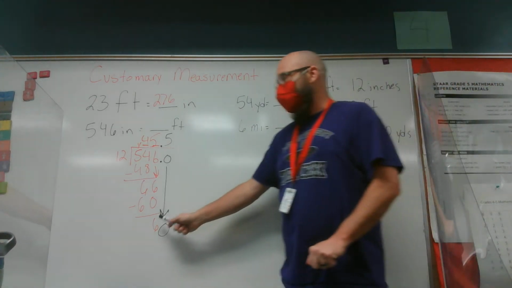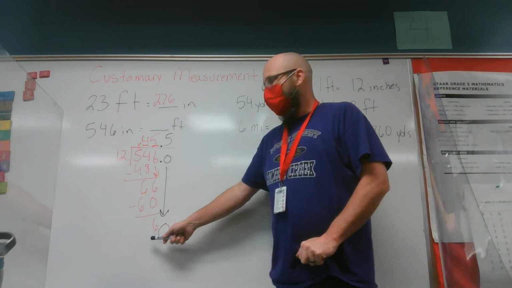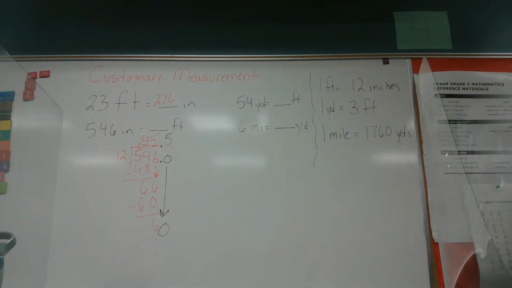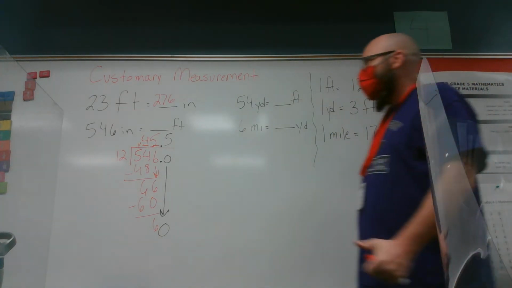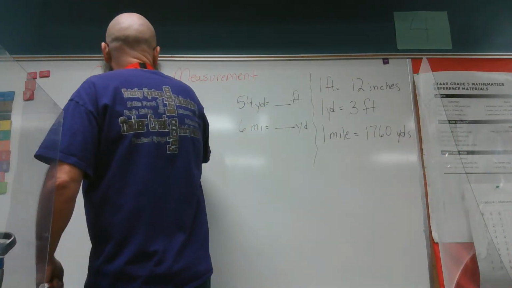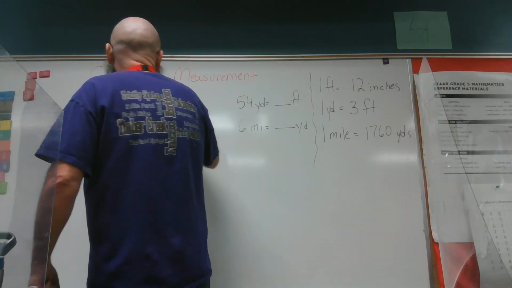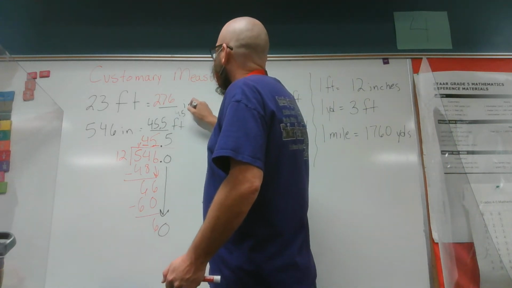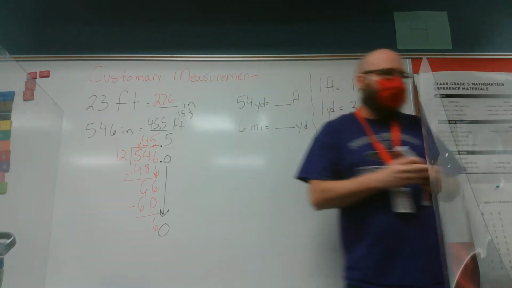If you subtract and you can still have a number down here, you can add the 0, or it may say round it to the nearest whatever. Okay, so my answer here would be 45 and 5/10, or 45 and a half. 45 and a half feet.